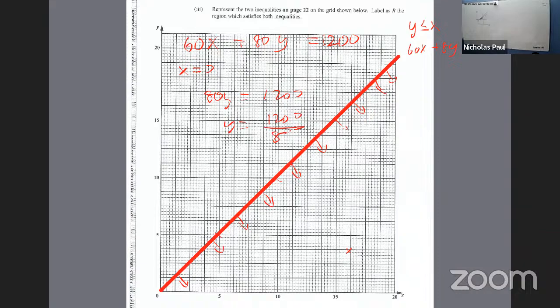How much is that? 15. Nice. Much easier. And then you connect them up. That's the graph there.